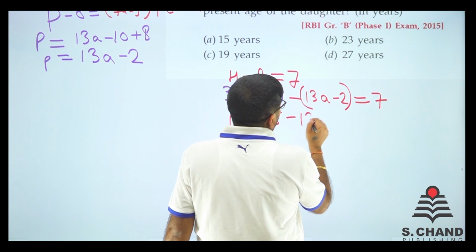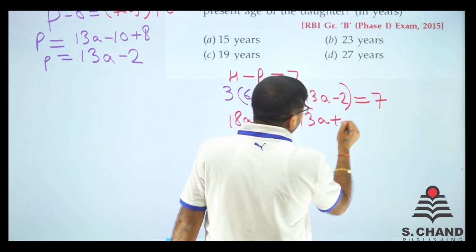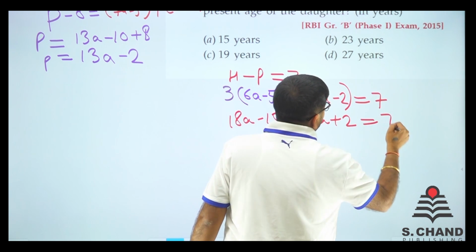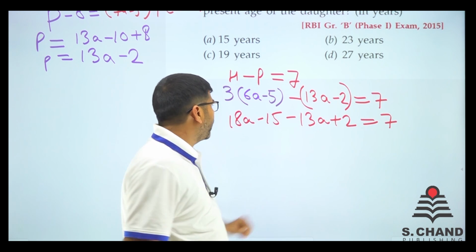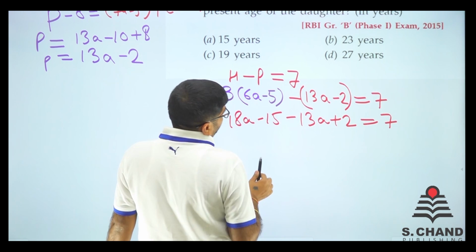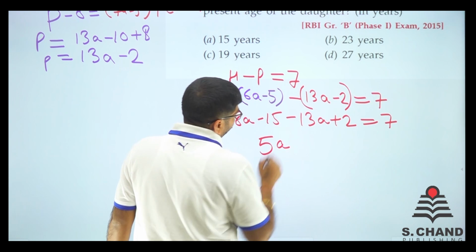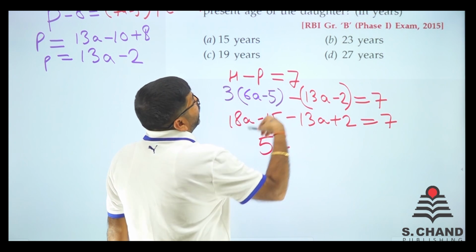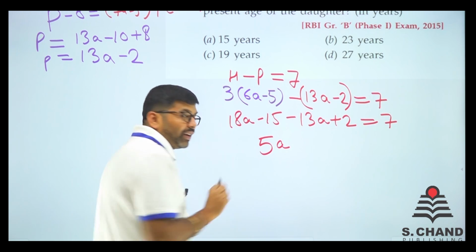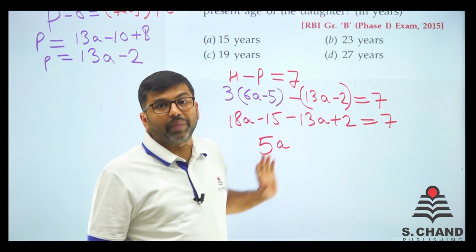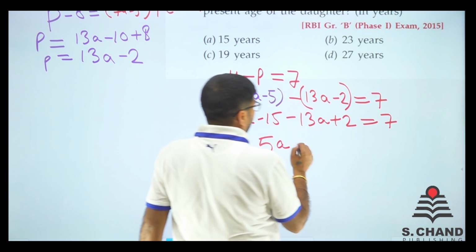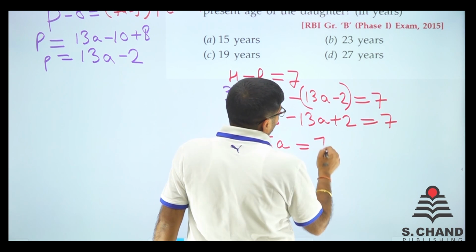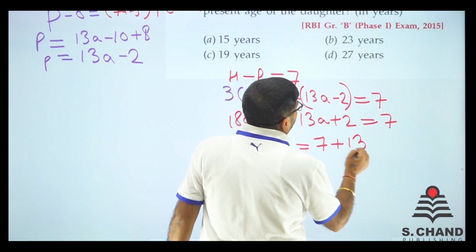So minus 13a plus 2 is 7. हमने माइनस इधर लगा दिया, माइनस माइनस प्लस हो गया. So 18 minus 13 is 5a. Minus 15 plus 2 is minus 13. And minus 13 goes there, it becomes plus 13. So 7 plus 13.